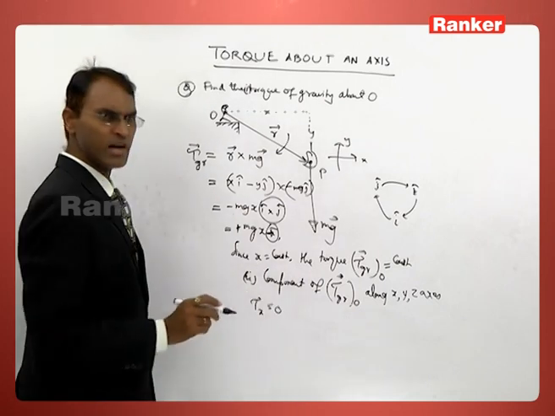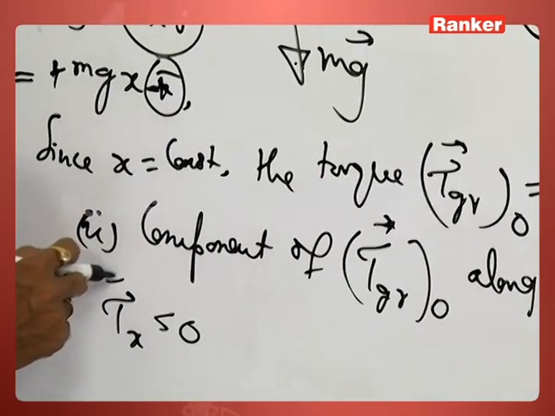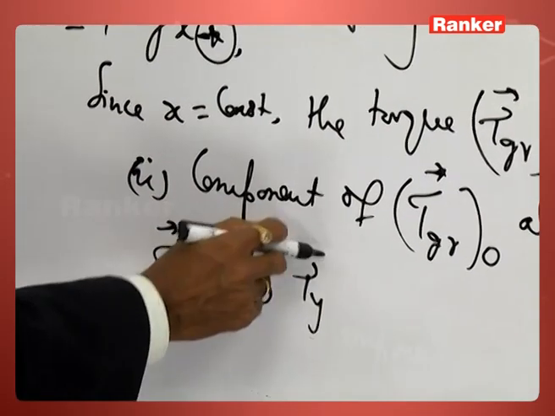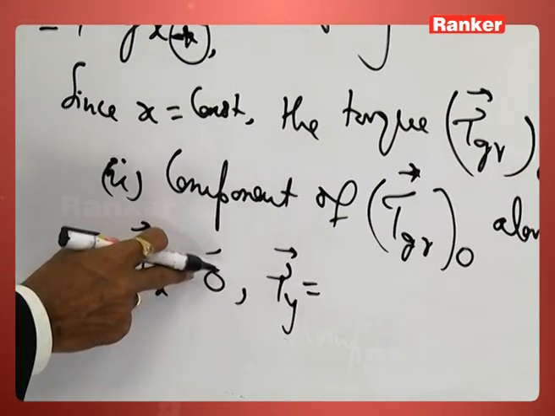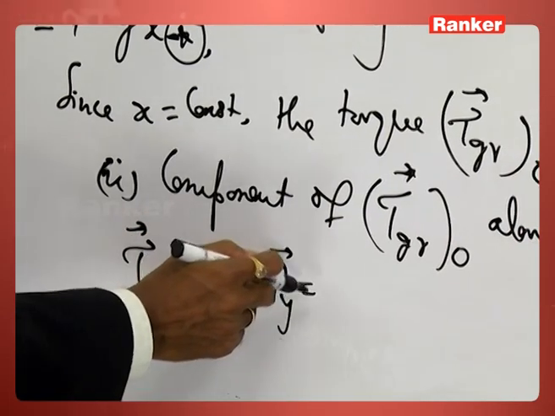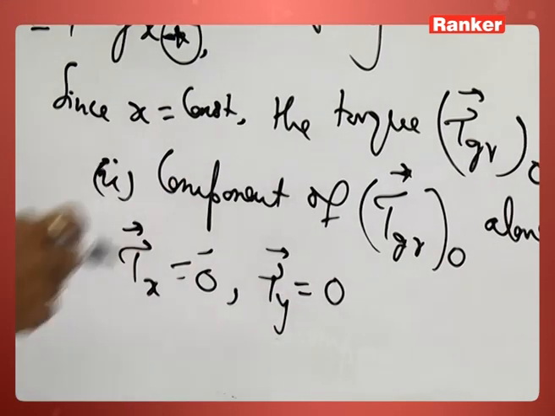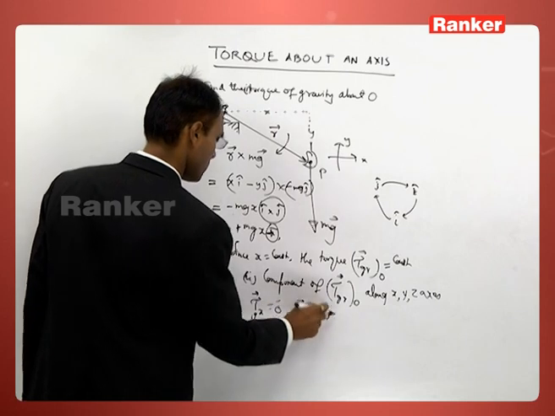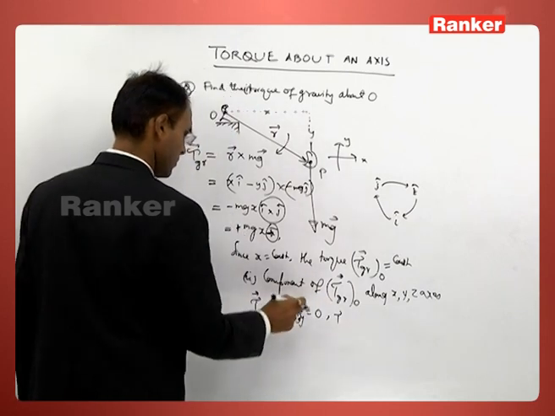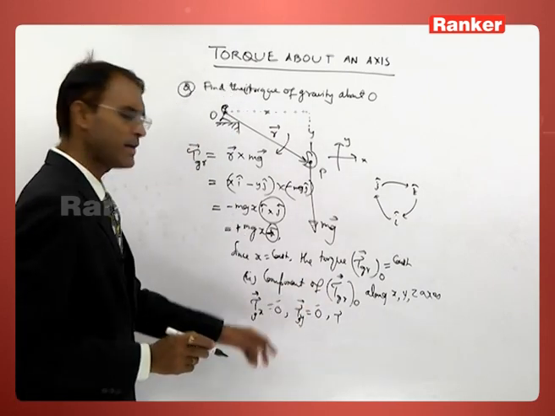There is no component of the gravity torque along x direction. It has no component along y direction. It has no component along both x and y direction.